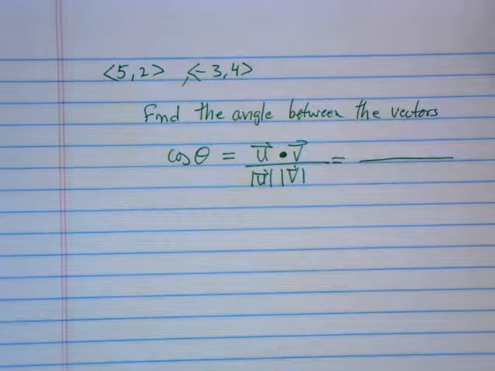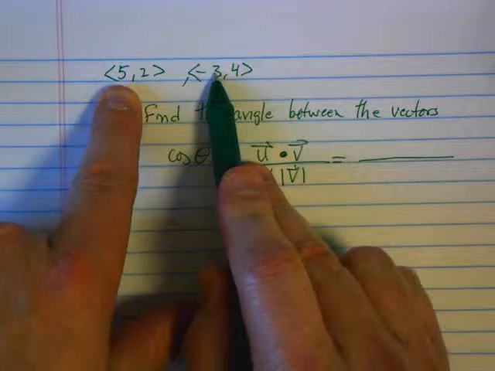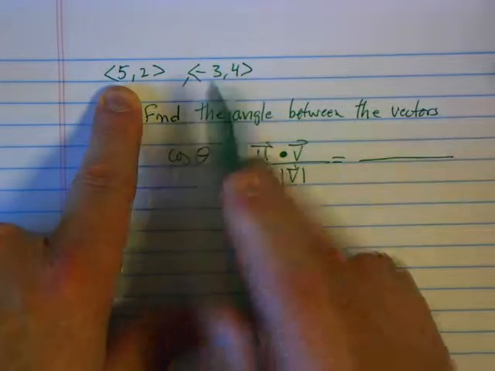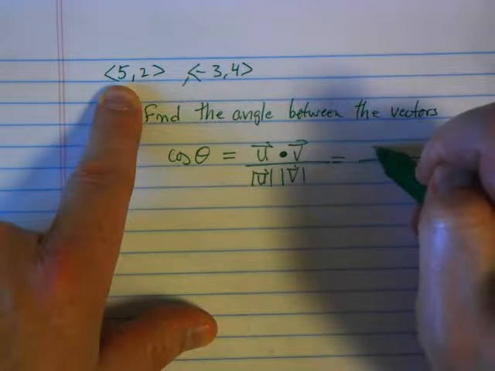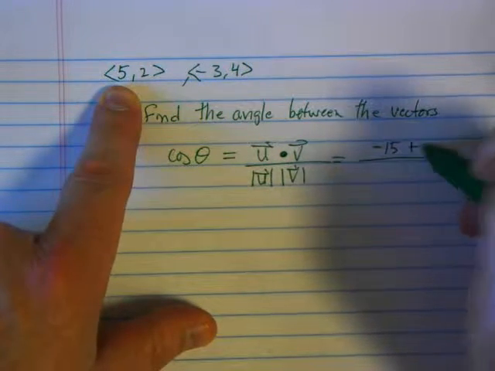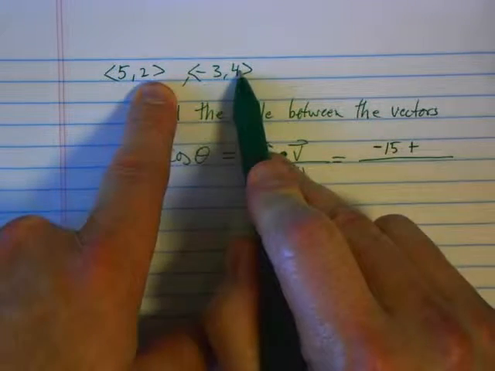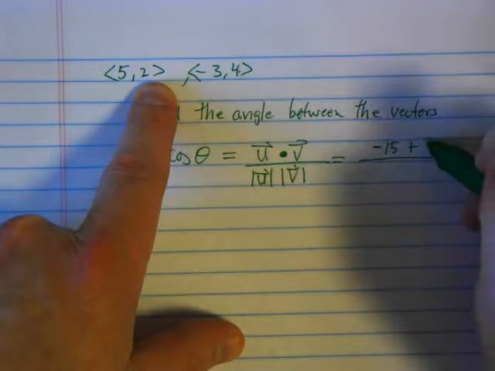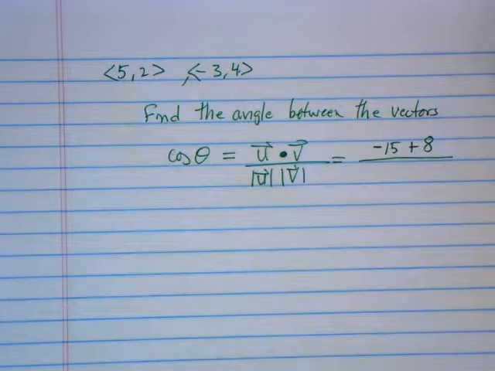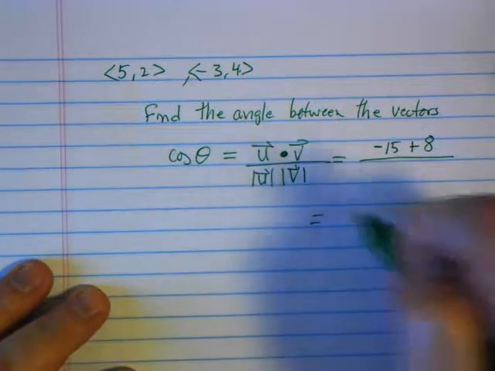Well, what's u dot v? How do we find u dot v again? We multiply the x's: 5 times negative 3 is negative 15, plus we multiply the y's: 2 times 4 is 8. So that's negative 7 up on top.